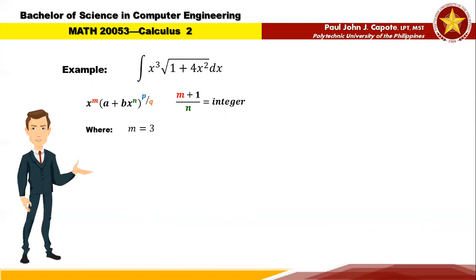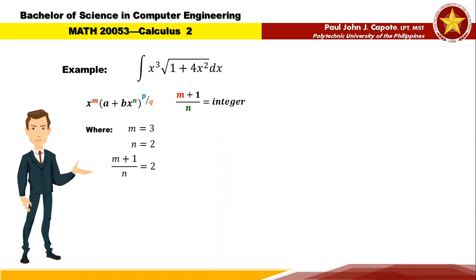First, we need to satisfy all the conditions. Let us satisfy that m plus 1 divided by n is an integer. We have m is equal to 3, n is equal to 2, so we have m plus 1 divided by n is equal to 2.